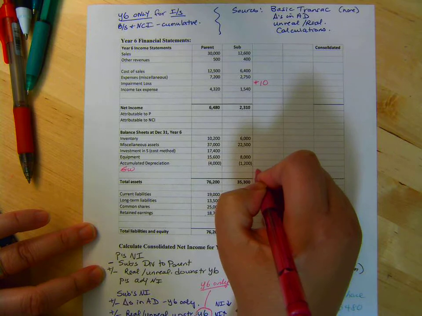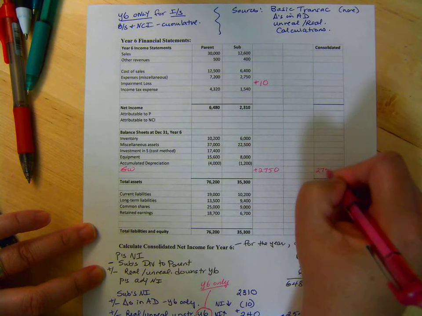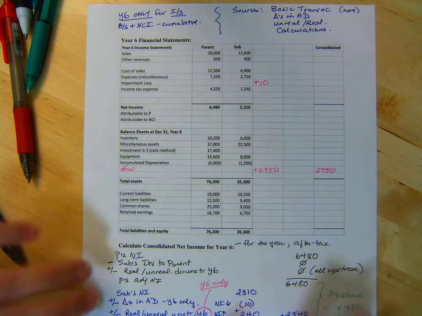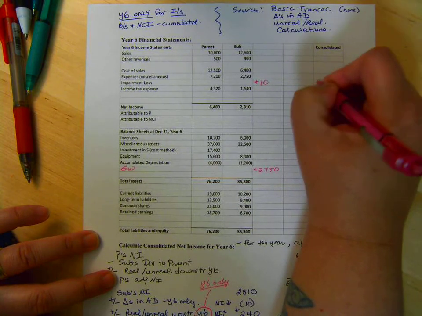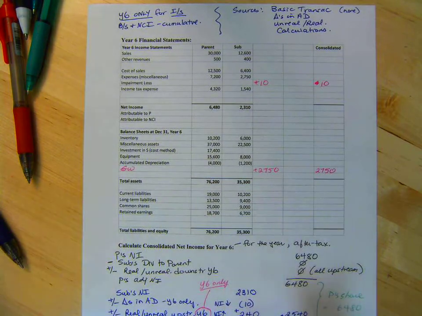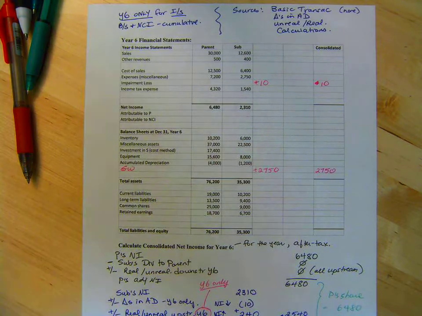So goodwill, I'm going to put $27.50. And there isn't anything else, so I don't need the plus there. It's going to be 10. Okay. So that was our changes in AD schedule.